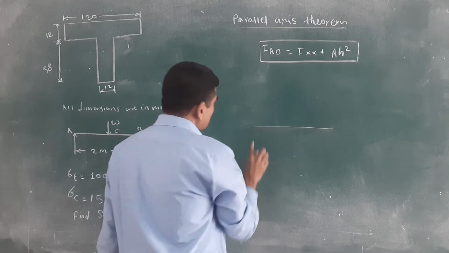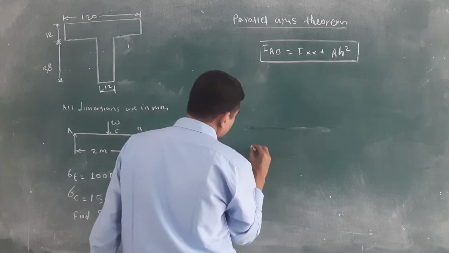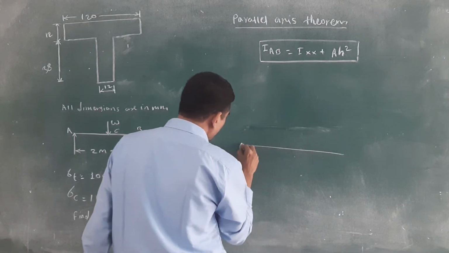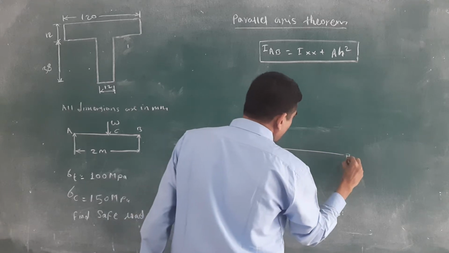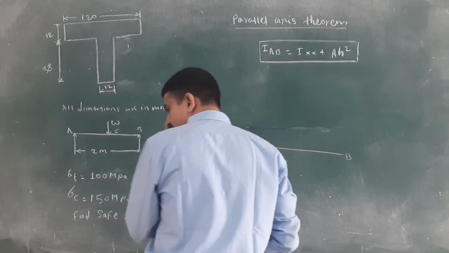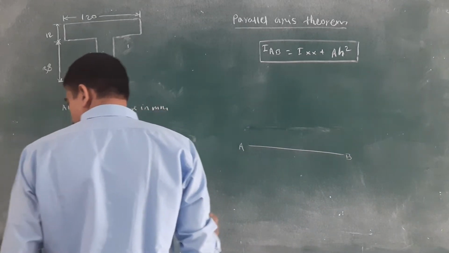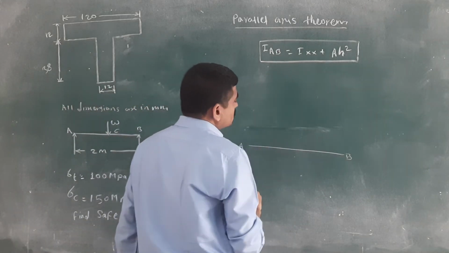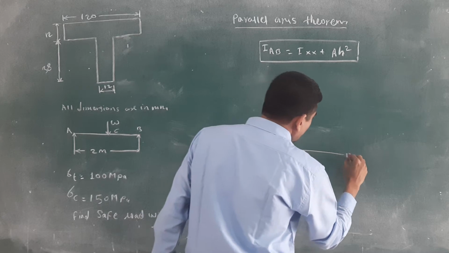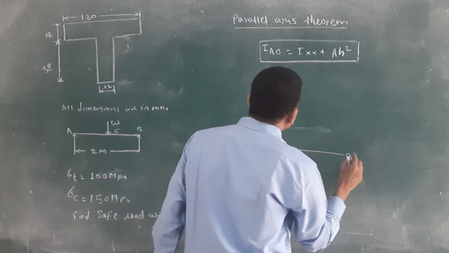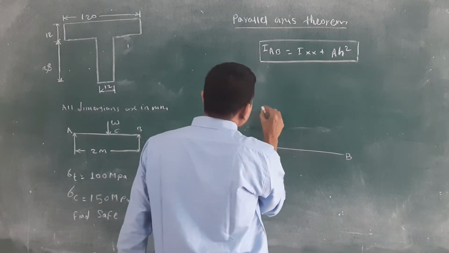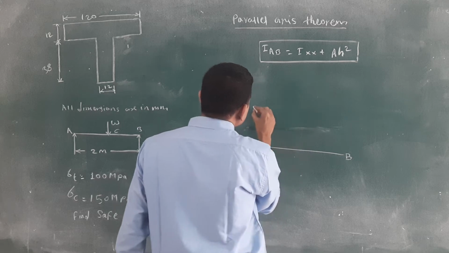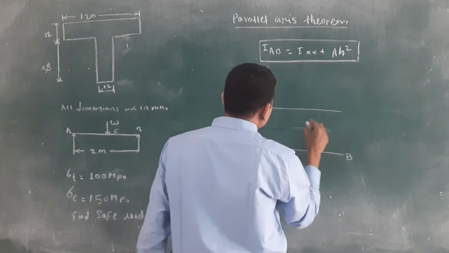I will consider here one axis AB. The moment of inertia about any axis AB is the algebraic sum of the moment of inertia about the centroidal axis, IXX.